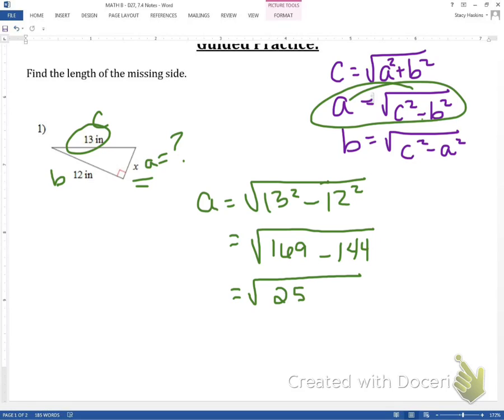Now this is a number under 100, so you should have these memorized. If not, go ahead and continue to use your calculator. The square root of 25 is 5, because 5 times 5 is 25. So that is our missing side A. A is equal to 5. That missing side is equal to 5. Okay? So you see how to use these formulas now? Let's try another one.